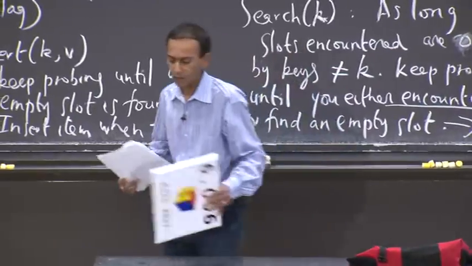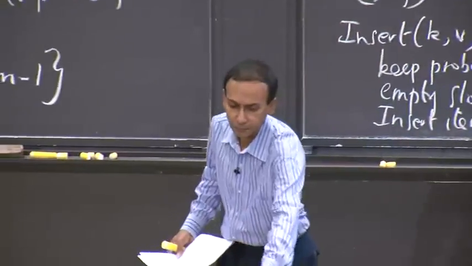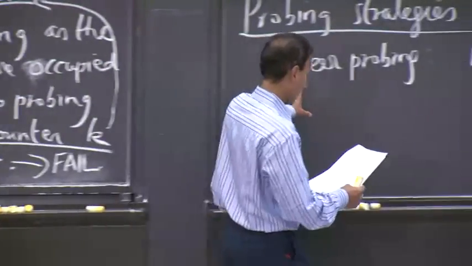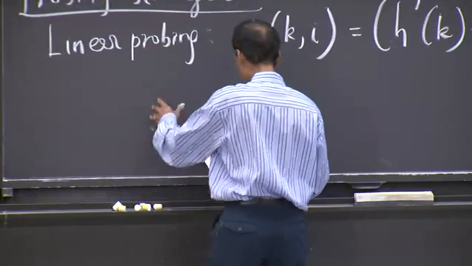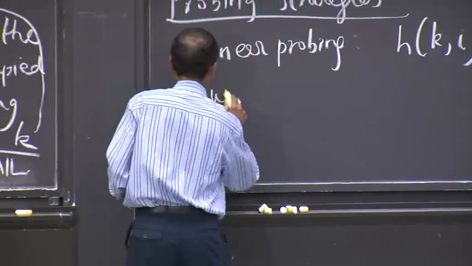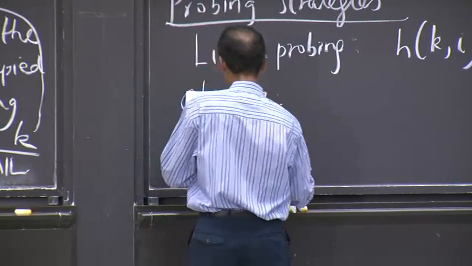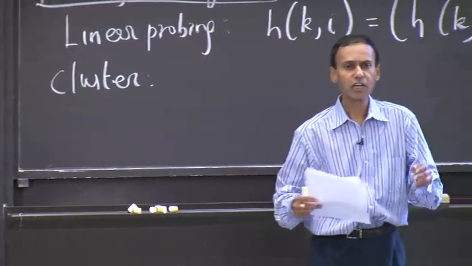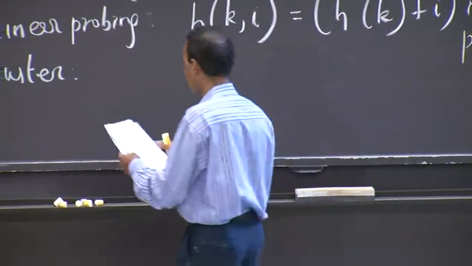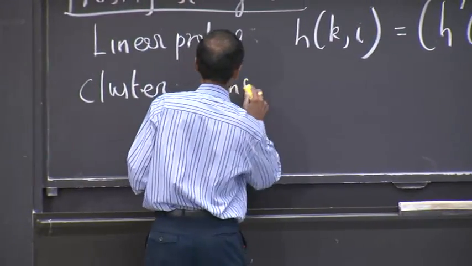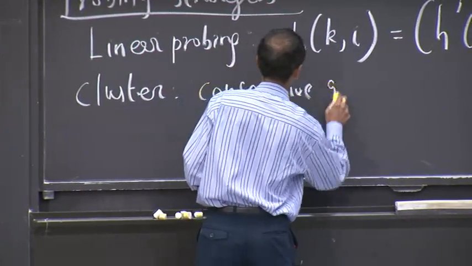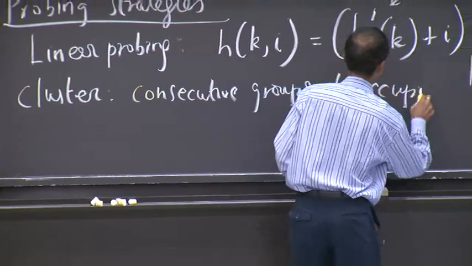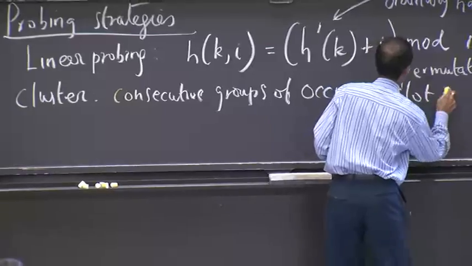So this notion of clustering is basically what's wrong with this probing strategy. And in fact, I'm not going to do this particular analysis, but I'll give you a sense of why the statement I'm going to make is true. The notion of clustering is that you start getting consecutive groups of occupied slots, which keep growing.